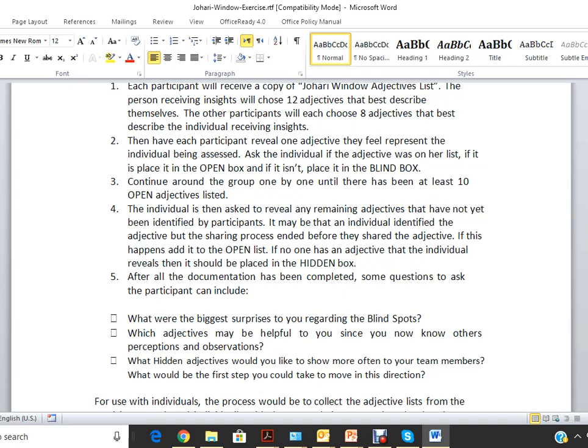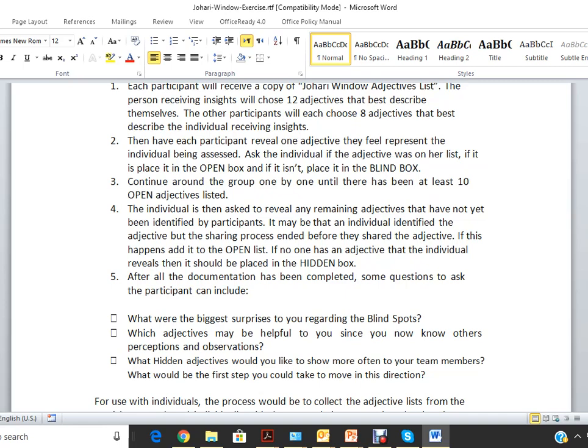Which adjectives may be helpful to you since you know others' perceptions and observations? And here you should ask the participant about what others think about them, because now the blind spots that you didn't know before, you know them, and then you can build on the perception and observation of others about you.